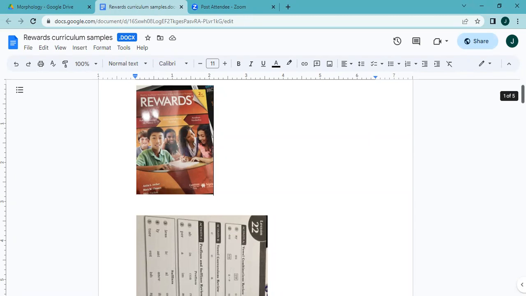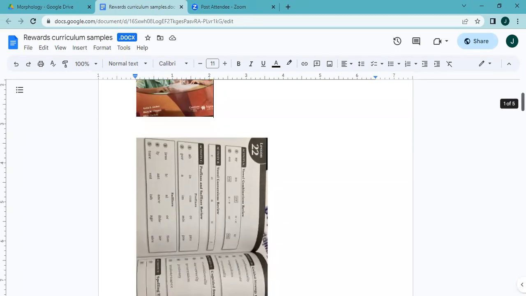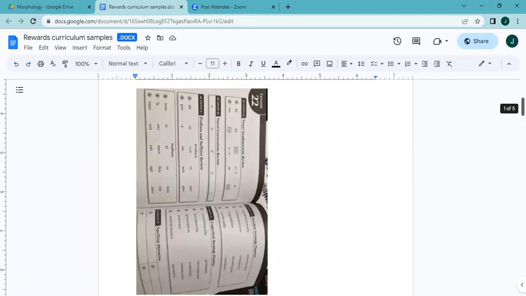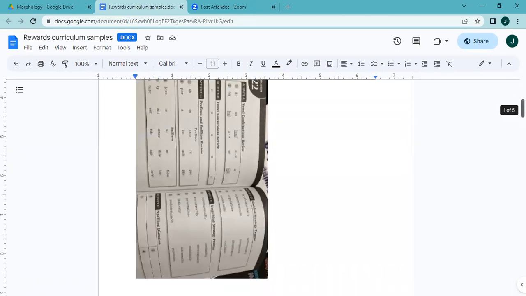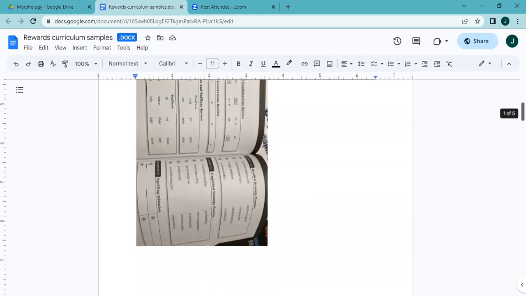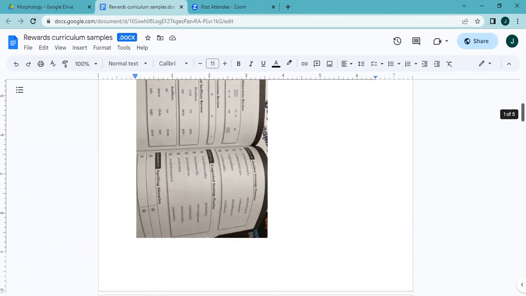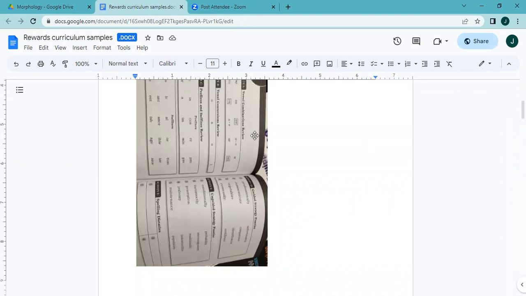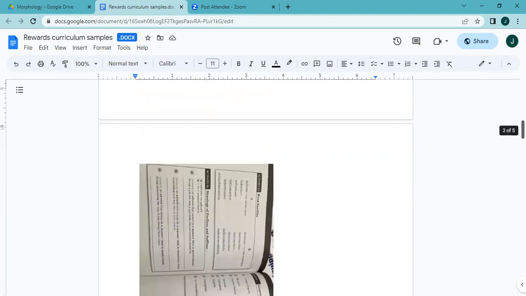So this is the REWARDS curriculum, and there's 2 levels here, and it's from Anita Archer, who you may know from Explicit Instruction. And here you can see some reviews of vowel combinations and then reading of polysyllabic words.